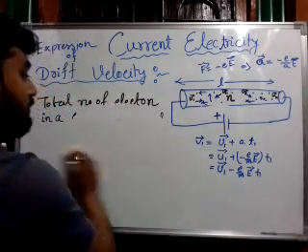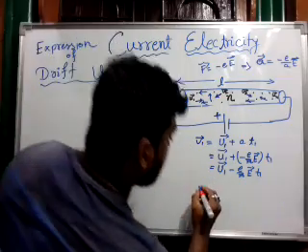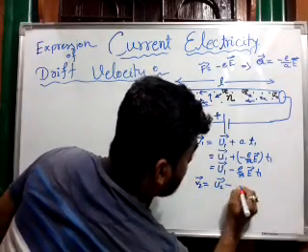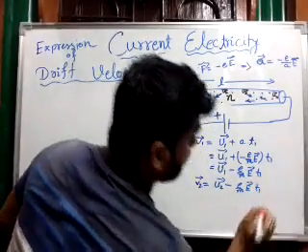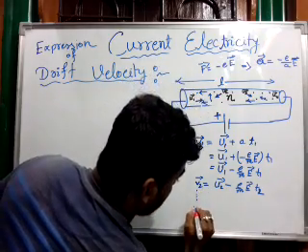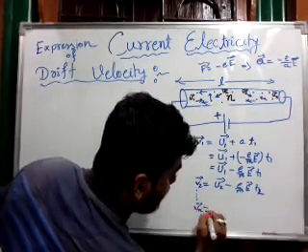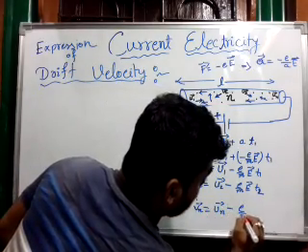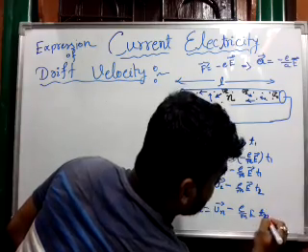Now similarly, V2 vector is equal to U2 vector minus e by m E vector t2, and so on up to the number of electrons, Vn vector is equal to Un vector minus e by m E vector tn.